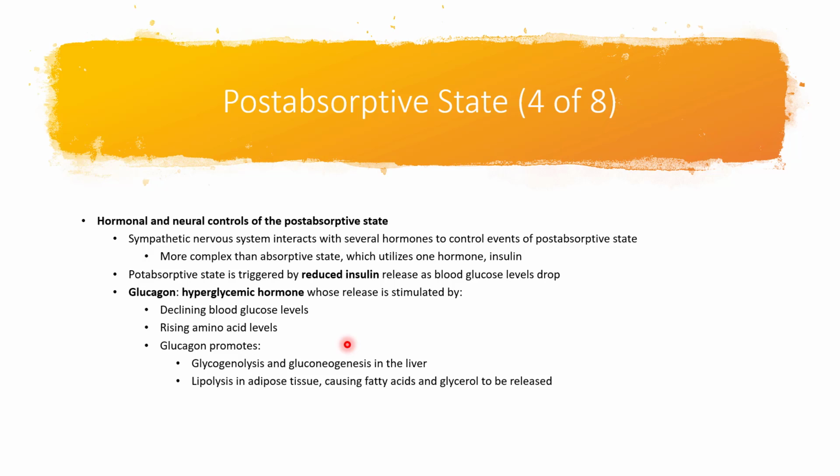Now, glucagon is a hyperglycemic hormone whose release is stimulated by declining blood glucose level. So, when blood glucose level declines in the post-absorptive state, glucagon is turned on. It's also turned on by rising amino acid levels, and so glucagon promotes glycogenolysis and gluconeogenesis in the liver, and lipolysis in the adipose tissue, causing the fatty acids and glycerol also to be released.